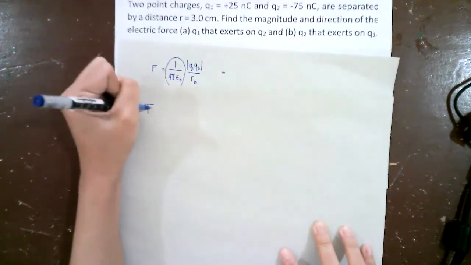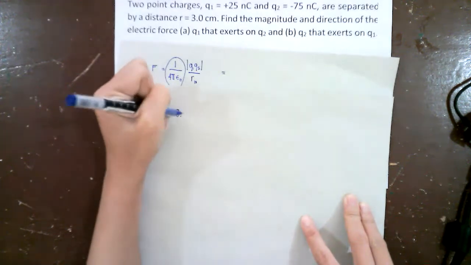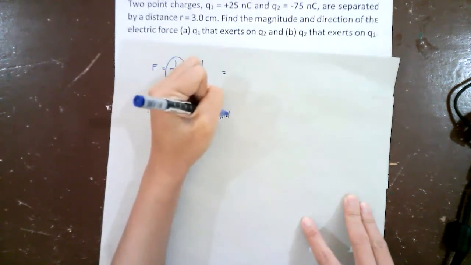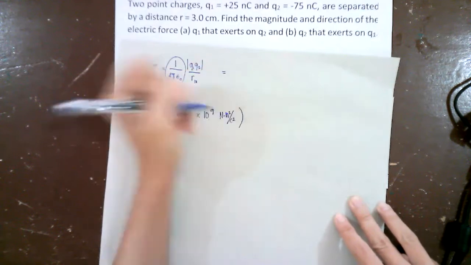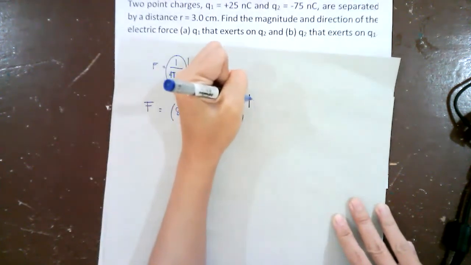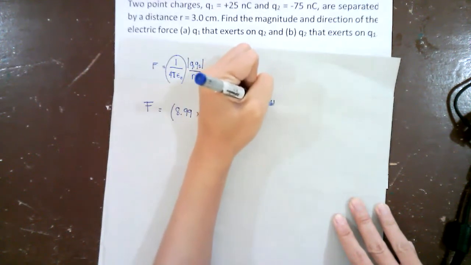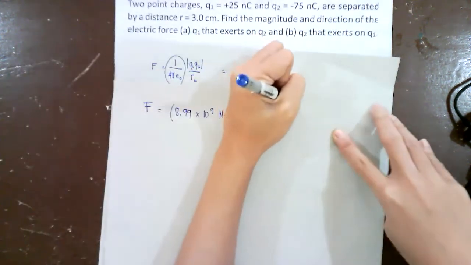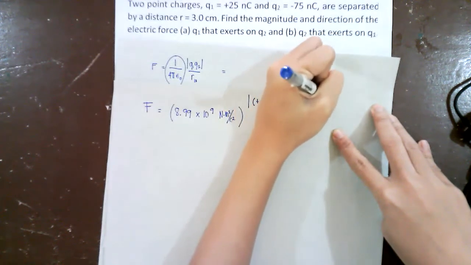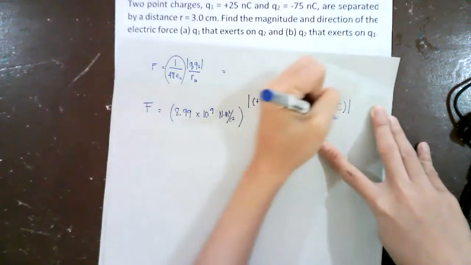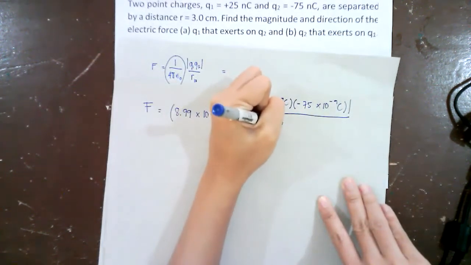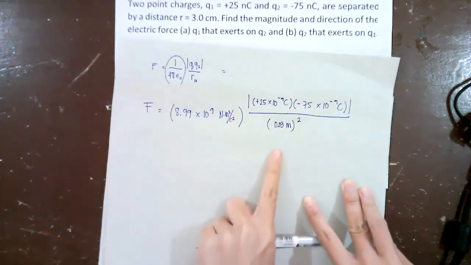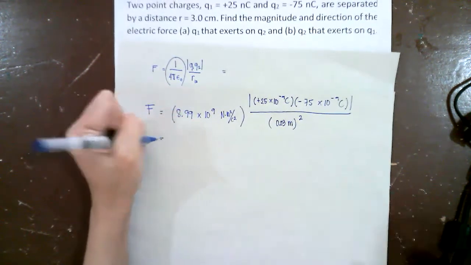So your force now is equal to 8.99 times 10 raised to 9 Newton meter squared over C squared, times the absolute value of your positive 25 times 10 raised to negative 9 coulombs times your Q2, which is the negative 75 times 10 raised to negative 9 coulombs, over 0.03 meter squared. Okay, so you plug this in your calculator.